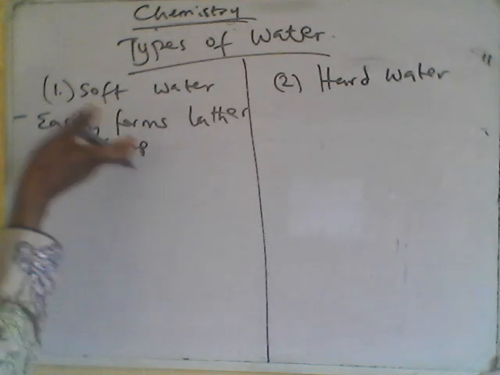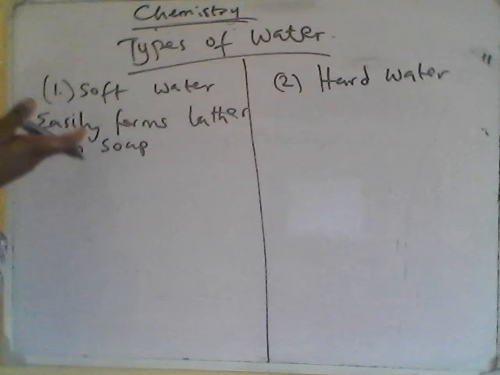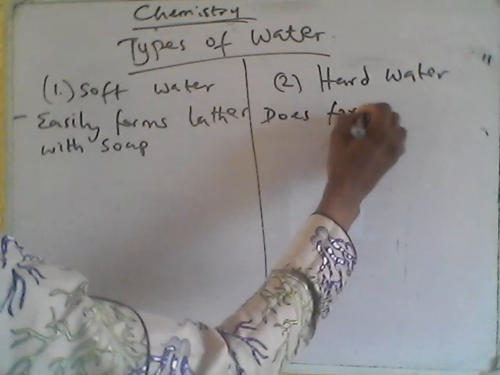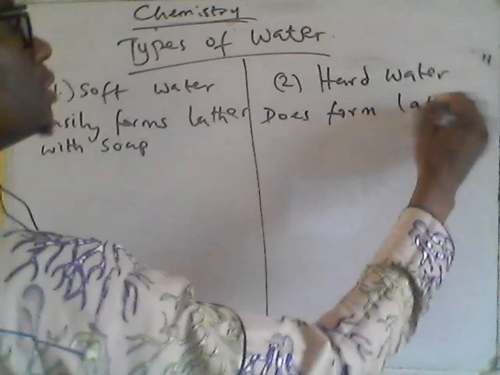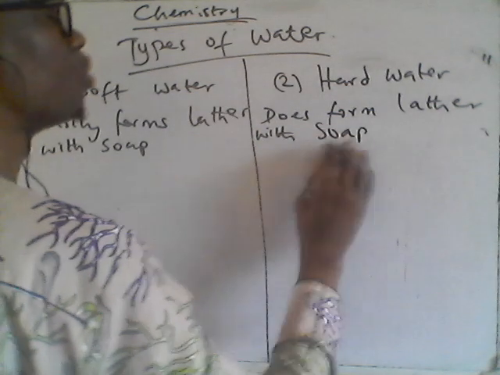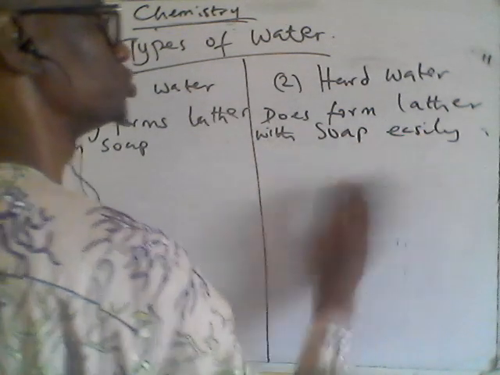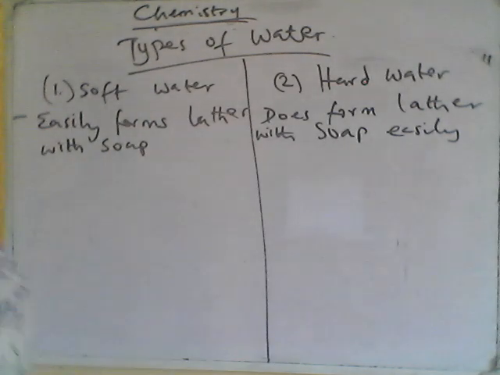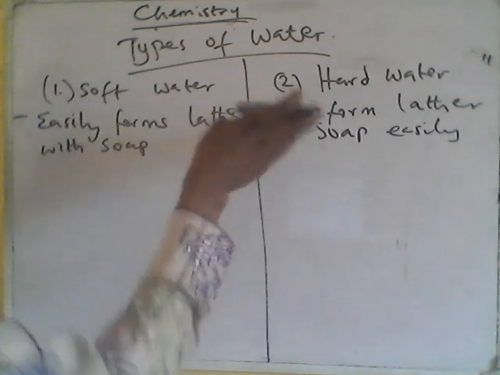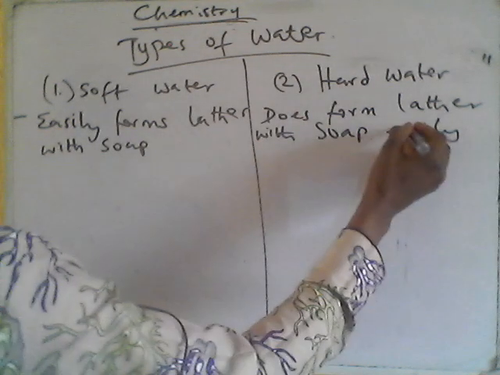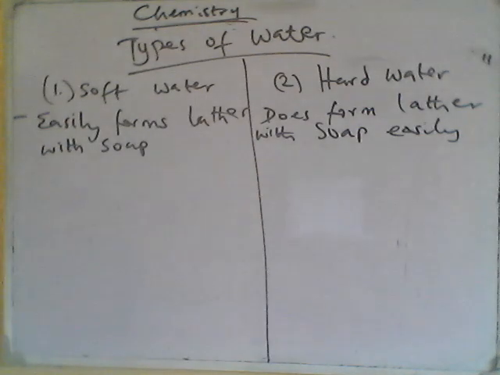But how do you know that one is soft and one is hard? The soft one forms lather with soap, and the hard one does not form lather with soap easily. You just keep on washing, wasting your soap. Before it becomes soapy, you will have to apply much soap for hard water to form lather.